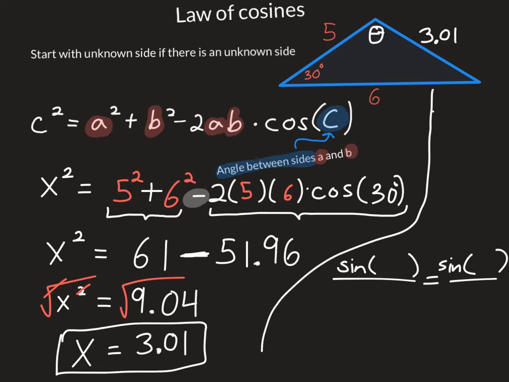Sine of 30, divided by its opposite side, which I now know as well. That's 3.01. And then what do I want to find? I want to find theta. So sine of theta over 6. And then I could solve using my law of sines technique, cross multiply and divide. You can watch the law of sines video again if you're not sure how to complete that.